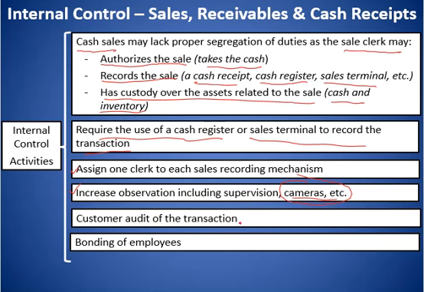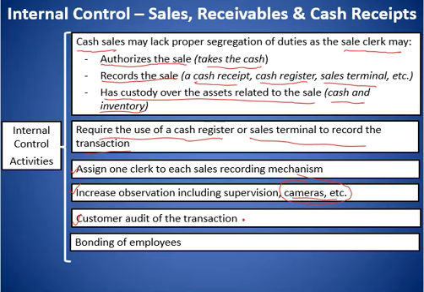It's pretty fascinating. Another thing is customer audit of the transaction. In other words, you've probably seen, your food is free or this transaction is free if the clerk fails to give you a receipt. That's a good example of a customer audit of the transaction. Every customer should normally receive a receipt. Even if you go to McDonald's, you get a receipt. And you do see at a lot of places your food is free if they don't give you a receipt.